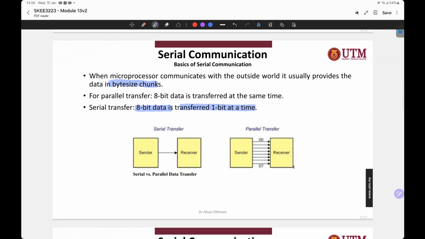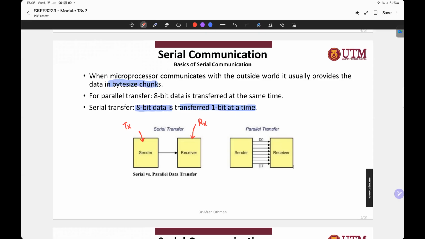Here is an example of serial transfer and parallel transfer. For both, you need a sender, sometimes called a transmitter, and a receiver.